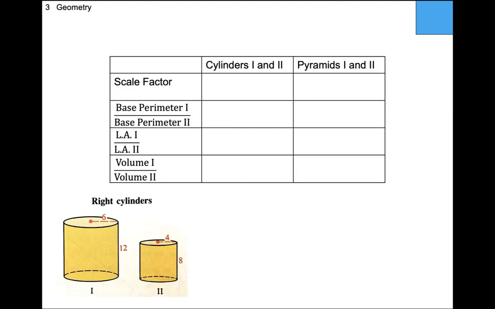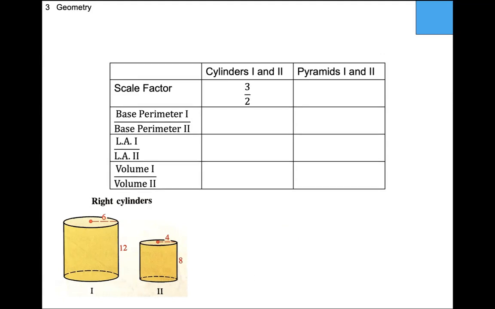I could pick the radii, or I could pick the height. I'll pick the height. If you're doing this yourself, pick the one with the smaller numbers. It's easier. So we get 12 to 8. 12 is the height of the big one, 8 is the height of the small one. Reduce that fraction, we get 3/2. And that would be the same as if we had picked 6 and 4, which also reduces to 3/2. So my scale factor is 3 to 2.